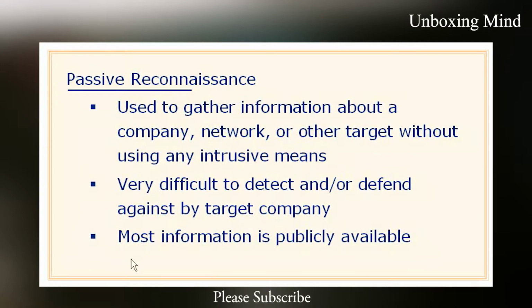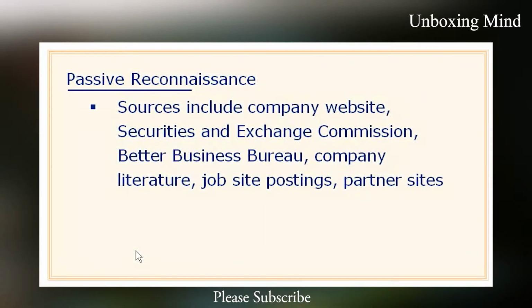And we're usually going to be targeting publicly available information. And sometimes information shouldn't be publicly available, but is. There are actually a lot of sources out there available for information that's freely available for the public and won't raise suspicion. Examples of these might include company websites, exchange commissions, any type of business tracking system that handles complaints and compliments, any type of published company literature.